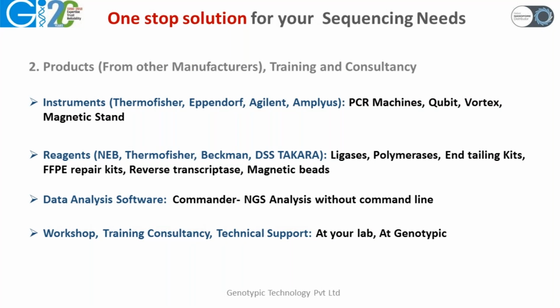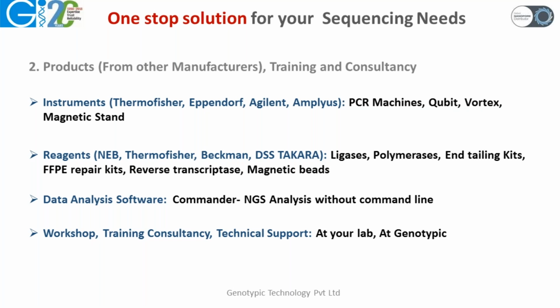Apart from that, we also supply everything that is required along with Nanopore reagents or instruments for library preparation. This could be, in case of PCR based or amplicon based sequencing, a PCR machine, or for DNA RNA QC, which is very important in Nanopore sequencing, a Qubit, which is a fluorescence based DNA QC equipment, then a vortex and magnetic stand.